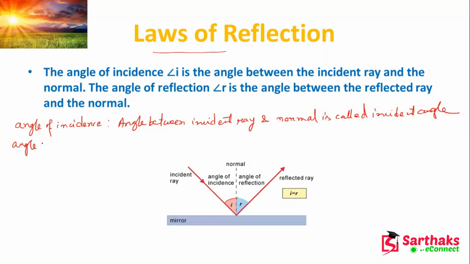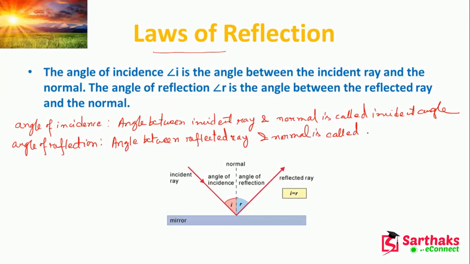Then the angle of reflection: the angle between the reflected ray and the normal is called the reflected angle or angle of reflection.